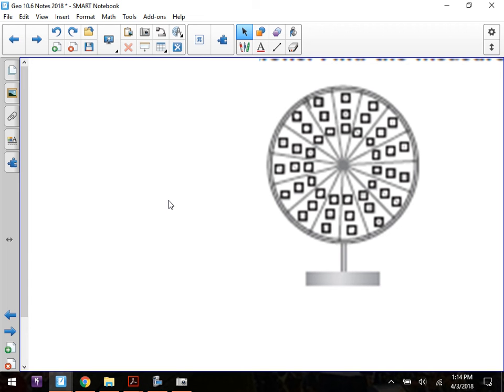If they're all congruent chunks, or wouldn't it be just as easy just to count them all up? Well, how many of them are there? 15. All right. If each one of them is going to be the same, yeah, they're all going to be 24 degrees.